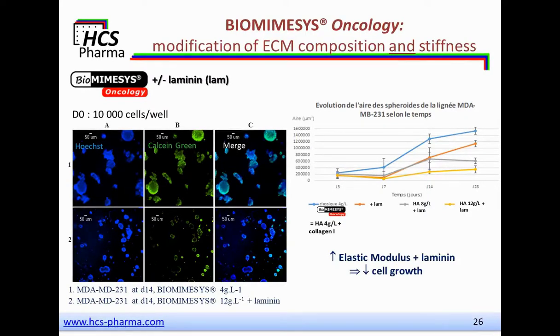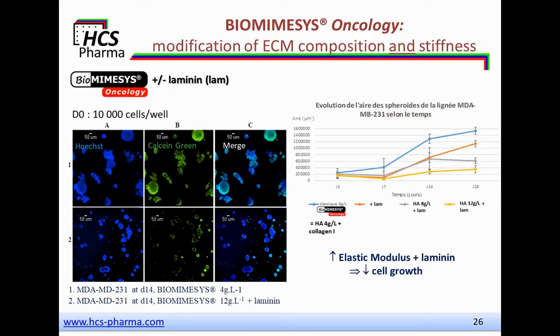We have played around again with the composition and stiffness of the matrix, but this time by putting laminin into the matrix. Here is a study performed on the breast cancer cells MDA-MB-231. We've stained with calcein green, meaning the living and proliferating cells are in green. And we have checked the evolution of the area of the spheroids, meaning the growth of the cells, over a long time, for 1 month.